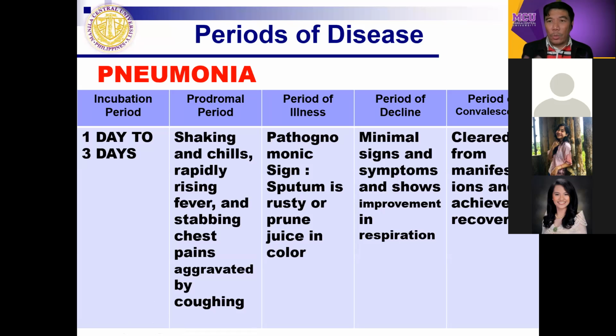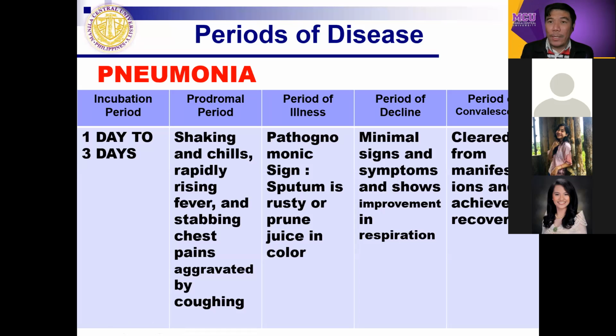So again, as the synthesis of our discussion, the synthesis of the discussion is related to the periods of diseases. And what are the periods of diseases? Incubation period is referring to the initial entry of pathogens. For the prodromal period, there are general signs and symptoms that appear.